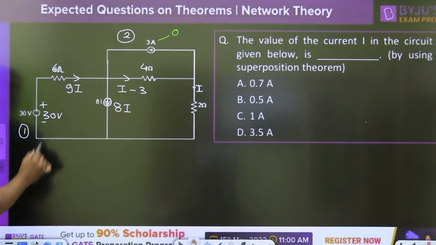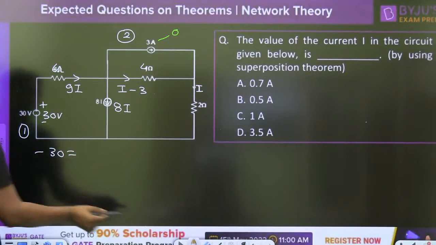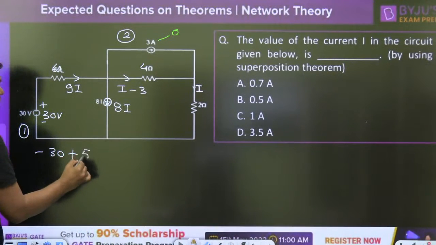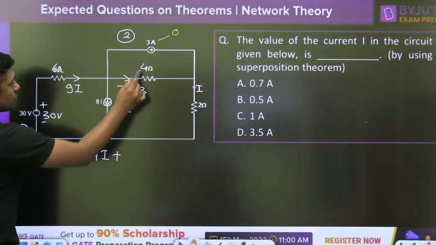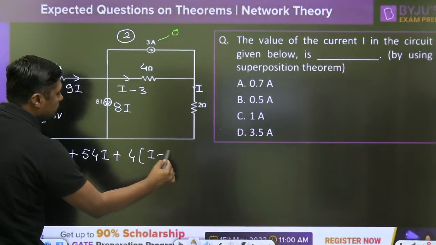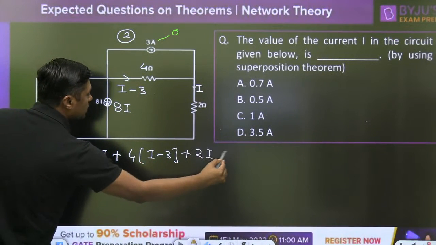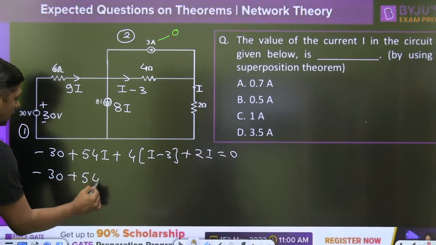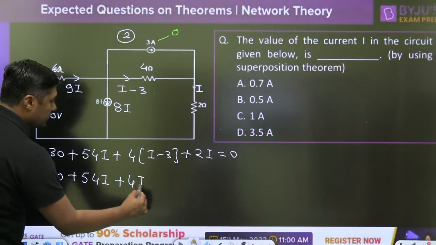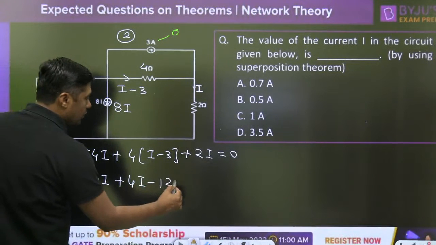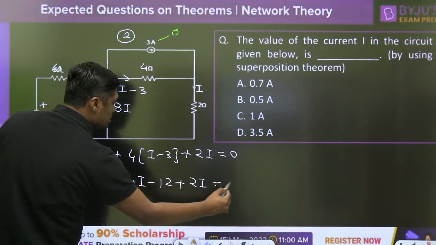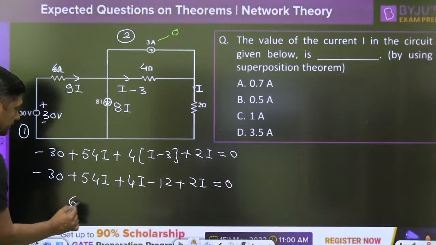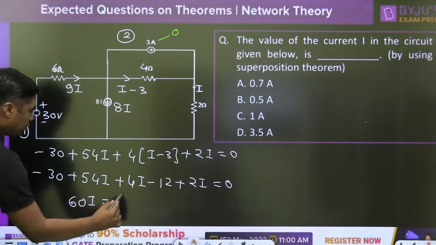When I am writing the KVL, it will become minus 30 plus 9 into 6, 54I, plus 4 into (I minus 3) plus 2I is equal to 0. This will become minus 30 plus 54I plus 4I minus 12 plus 2I is equal to 0. 54 plus 4 plus 2, 60I is equal to what? 42.